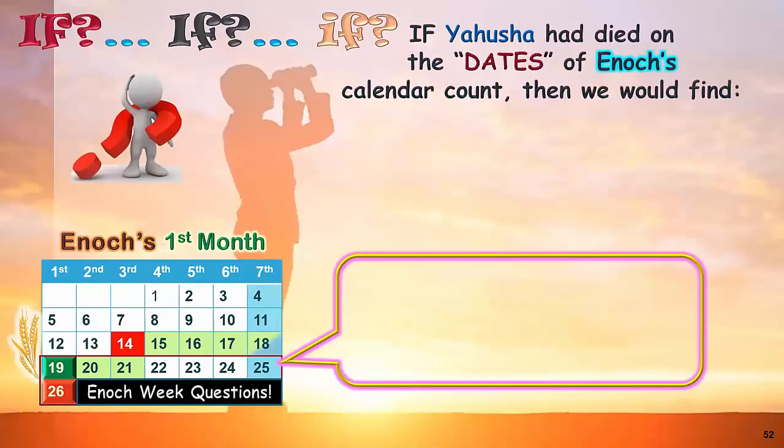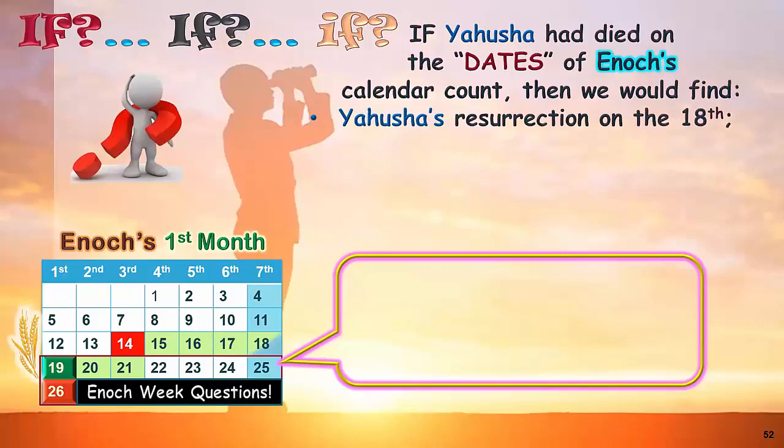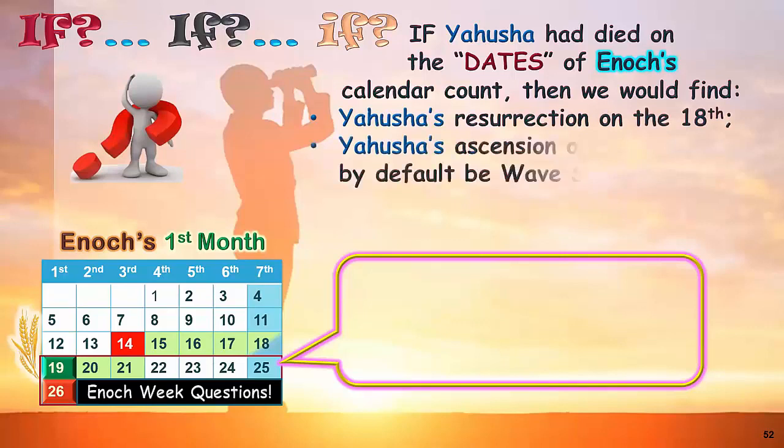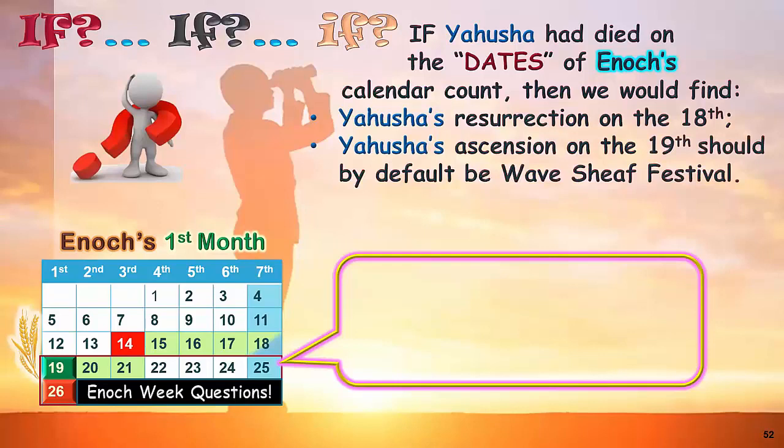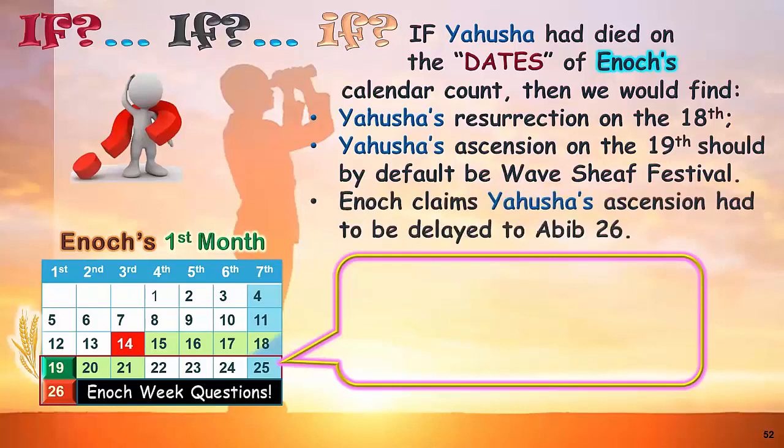If Yahusha had died on the dates of Enoch's calendar count, then we would find Yahusha's resurrection on the 18th. Yahusha's ascension on the 19th should by default be Wave Sheaf Festival. And Enoch claims Yahusha's ascension had to be delayed to Abib 26.